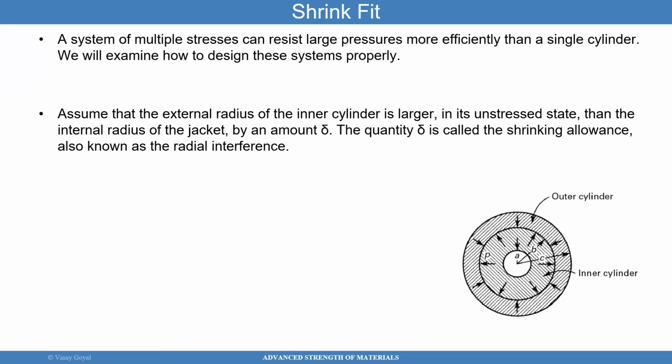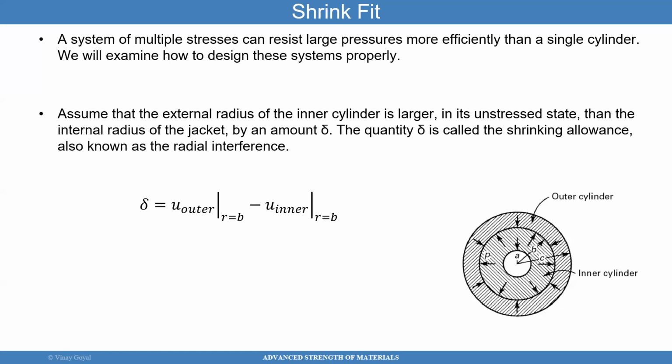One way you can bring these two pieces together is by making one of the components hotter so it expands, then bring the other one in, and cool both down so they come together tight. Another approach is to take the inner cylinder and contract it by applying cold temperatures, and then bring it into the outer cylinder.